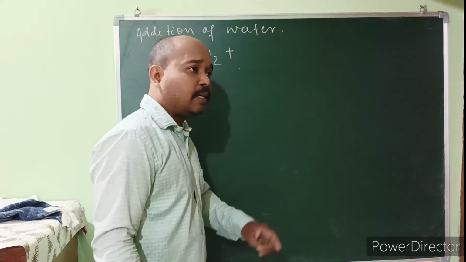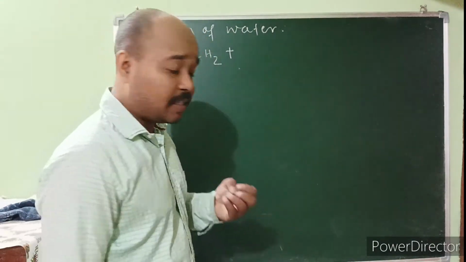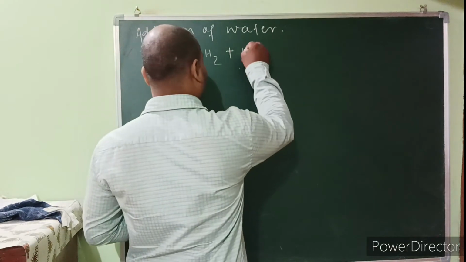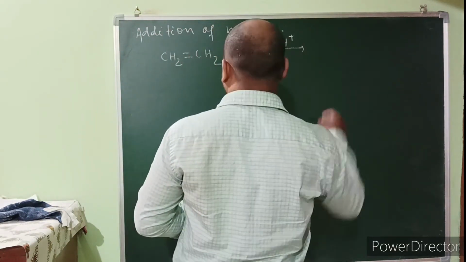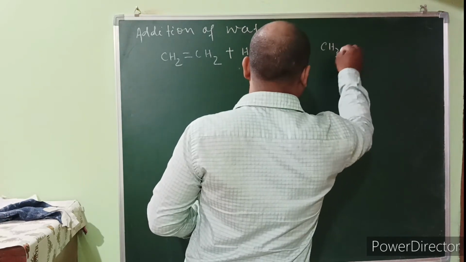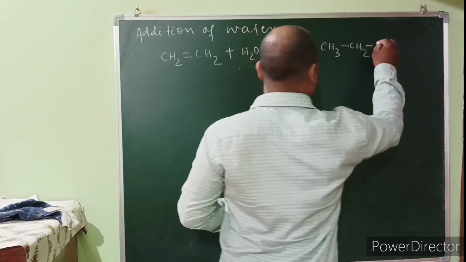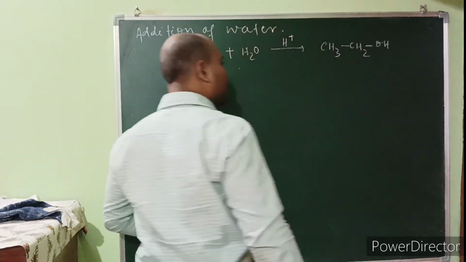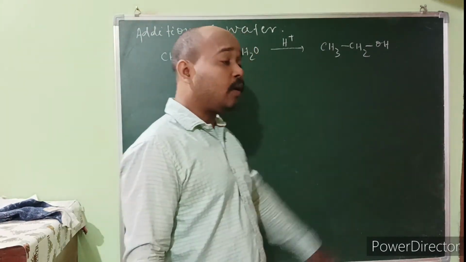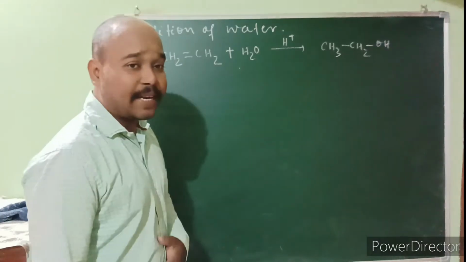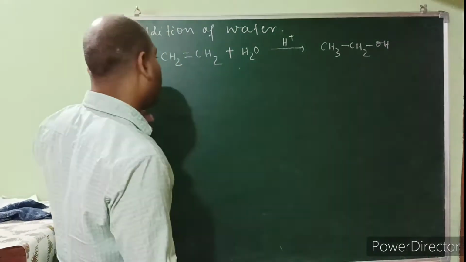Acidulated water means water in presence of acid. So it will give CH3 CH2OH. This is our product. Now, I will discuss the mechanism behind the addition of water.